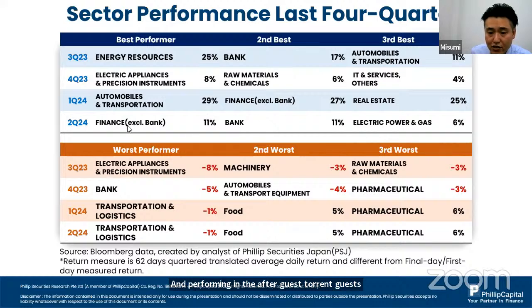The bank and non-bank performance was because of the policy change of the Bank of Japan and the prospect of interest rate increases and tightening from quantitative easing, which also affected these sectors well.